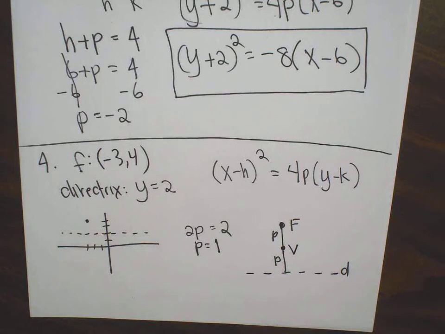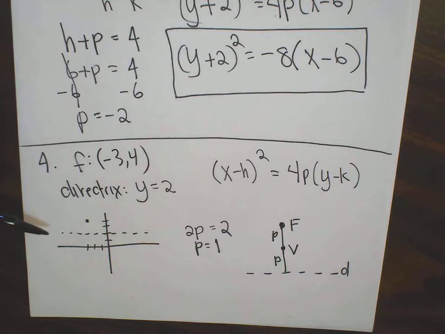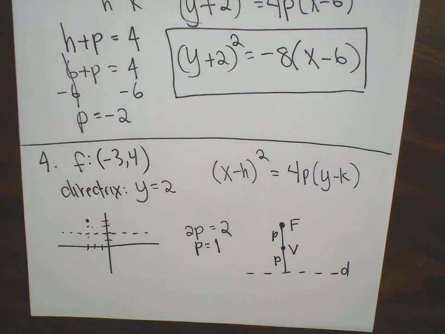What's left for me to figure out? H and k. H and k represent the vertex. So the vertex is going to have to be where in relationship to the focus and the directrix? That's halfway between them, right? So what point would be halfway between the focus and the directrix?